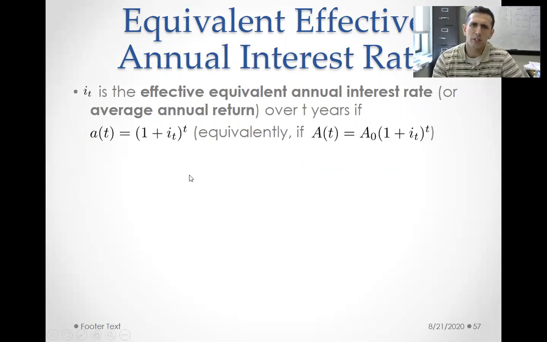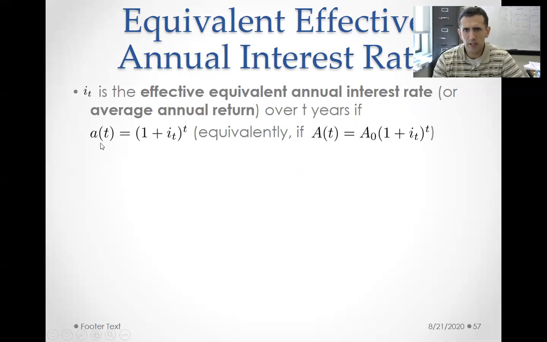And the reason is very simple, because remember, the accumulation function is just A_0 times a(T). In general, the amount of money you have in an investment after T years is your initial investment times how much $1 grew after T years. So you just take this and multiply by A_0, and saying this is equivalent to saying this right here.